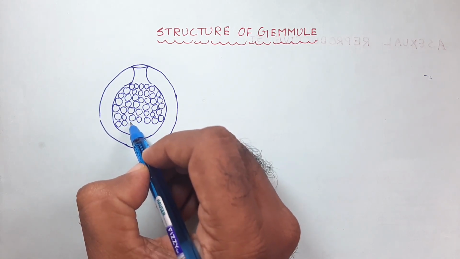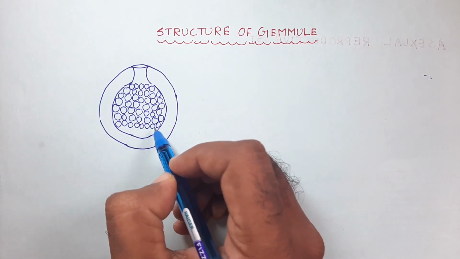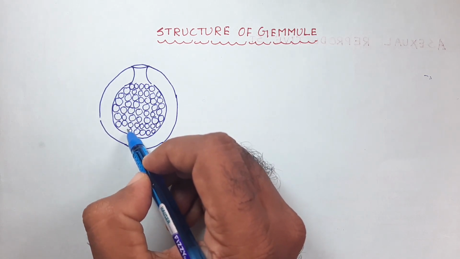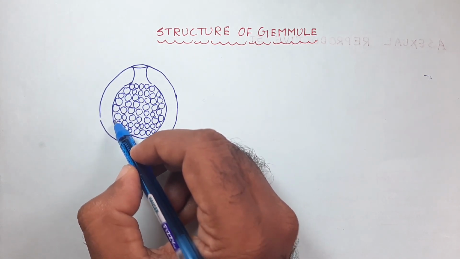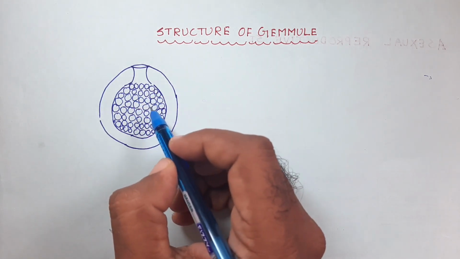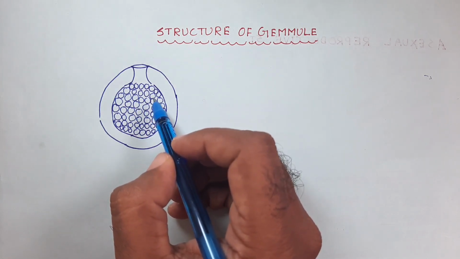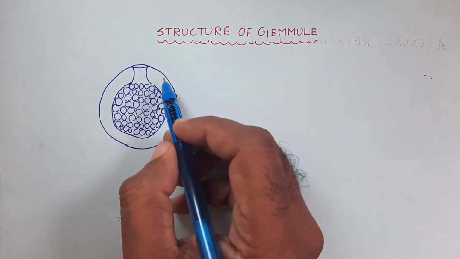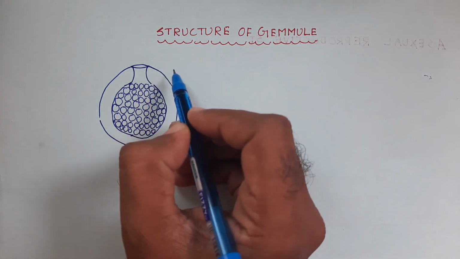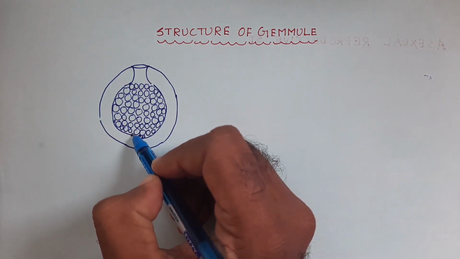That is why the name for these archaeocytes is totipotent. These archaeocytes are embryonic in nature, and have the ability to develop into a new adult sponge. So the gemmule possesses a very simple structure.